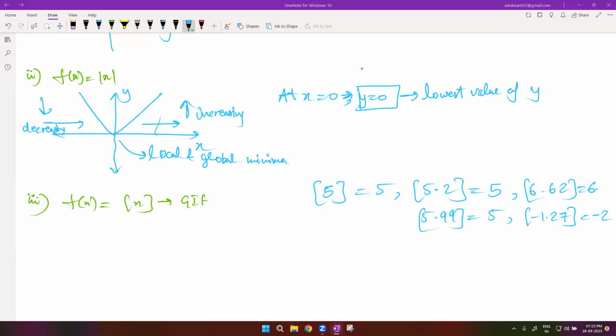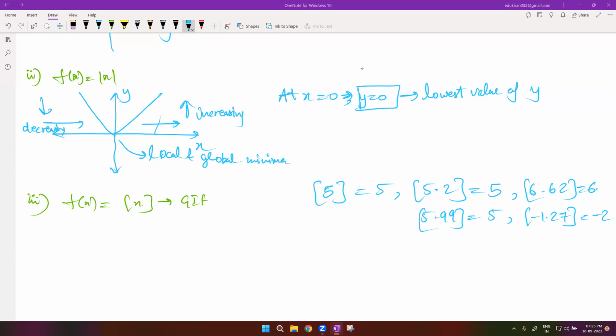Now, I have already told you about GIF, but we have not proved how we can draw this graph, right? Today I would like to show how we can draw the graph of f(x) equals the greatest integer function of x, because we have discussed one time about functions which are expressed by multiple expressions.